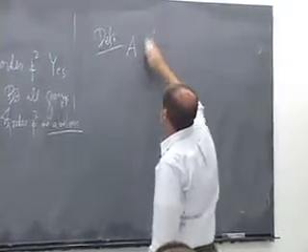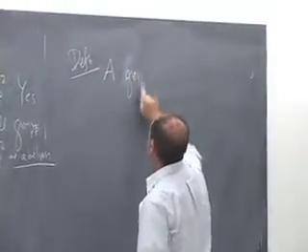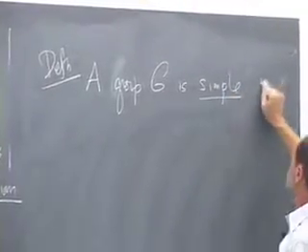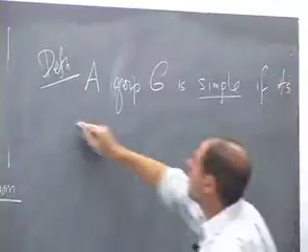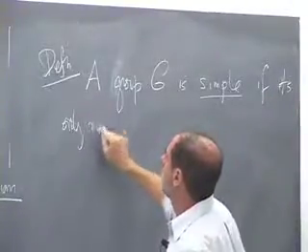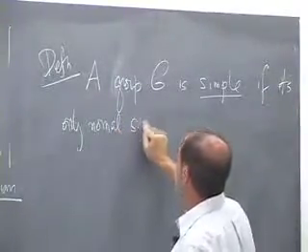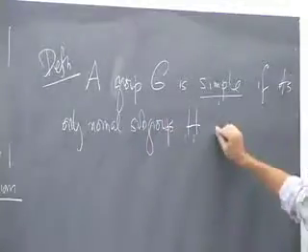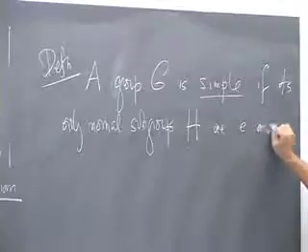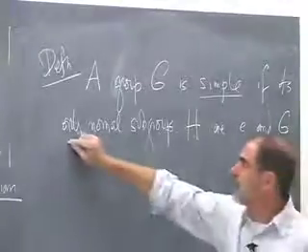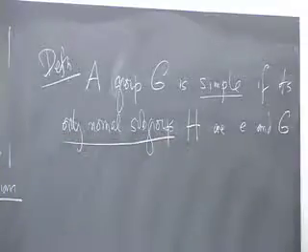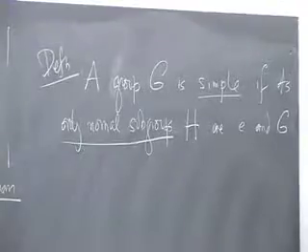A finite group, or a group, is simple if its only normal subgroups H are E and G. So if you only have 2 normal subgroups, then you call the group simple. We're going to see why as we go on. It means you can't break it down into 2 smaller groups.